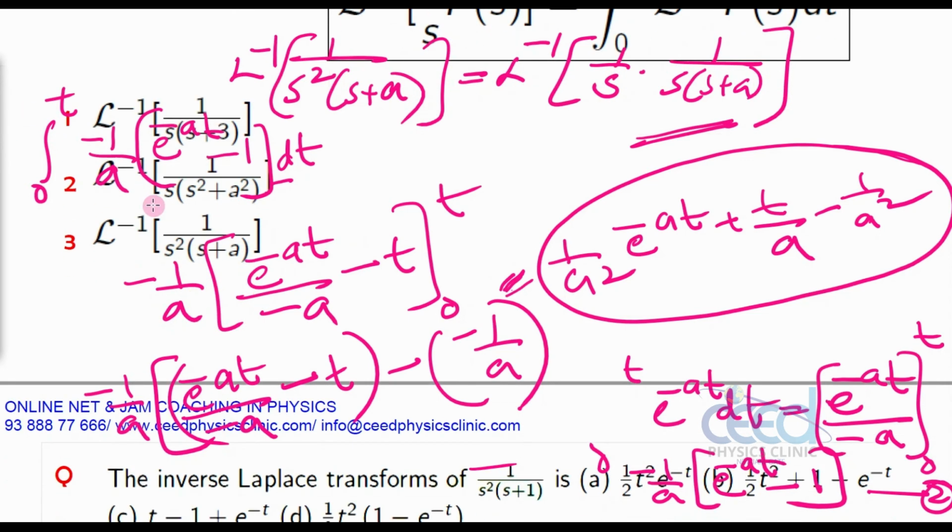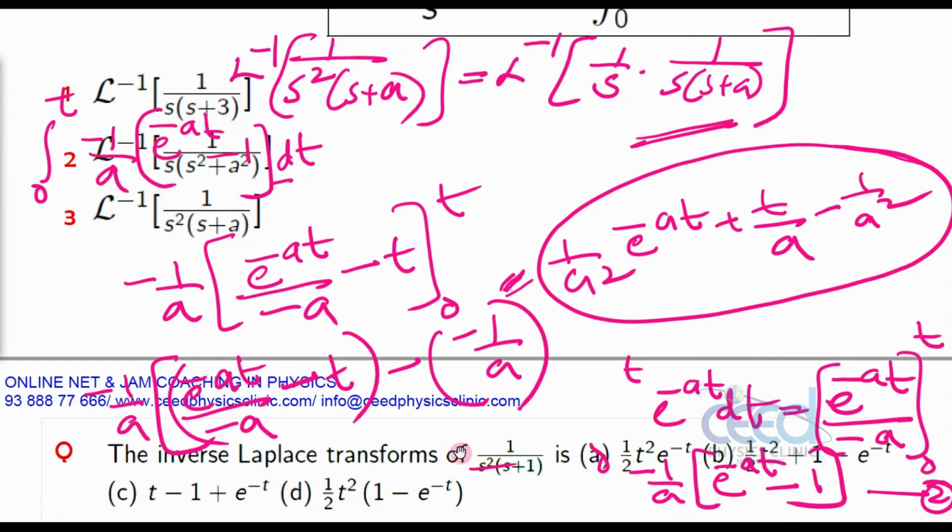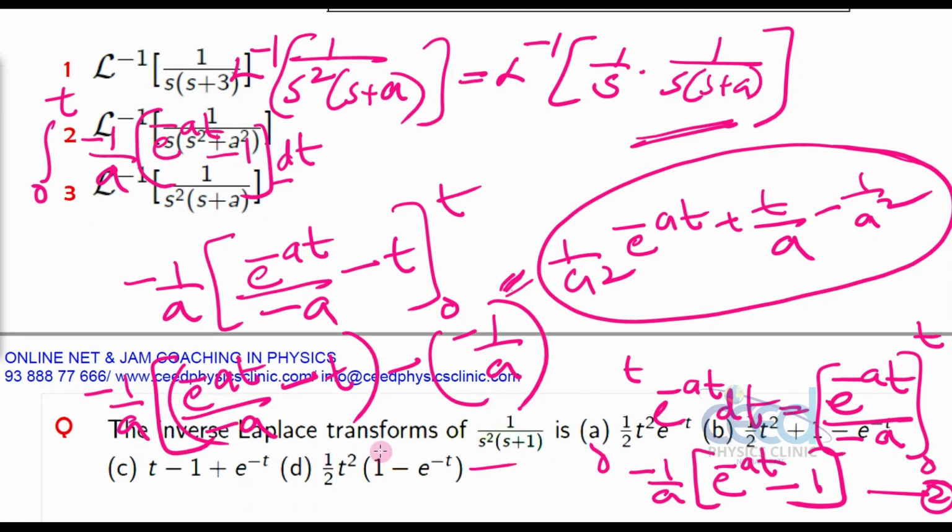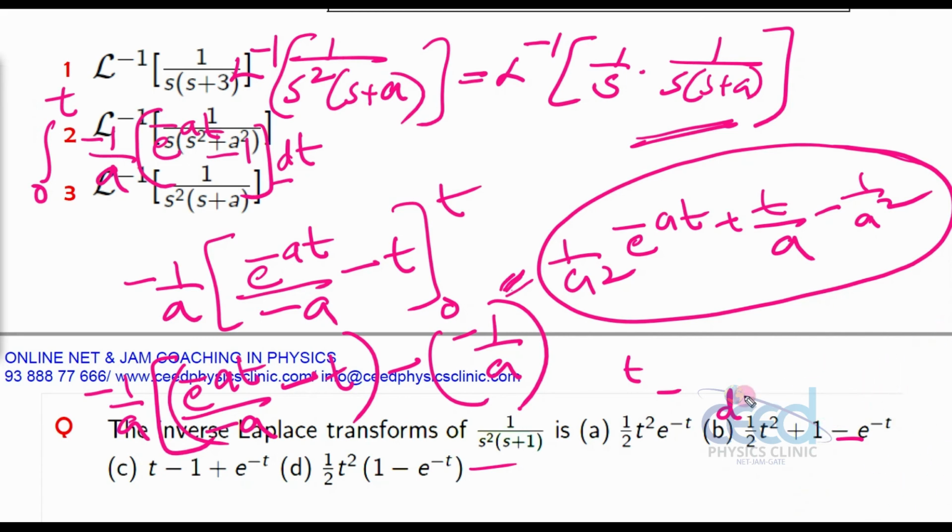And then here one question is given like this. The inverse Laplace transform of, so I am not erasing this result, let me check whether the answer is correct or not. So I can erase this, keeping the final result here.